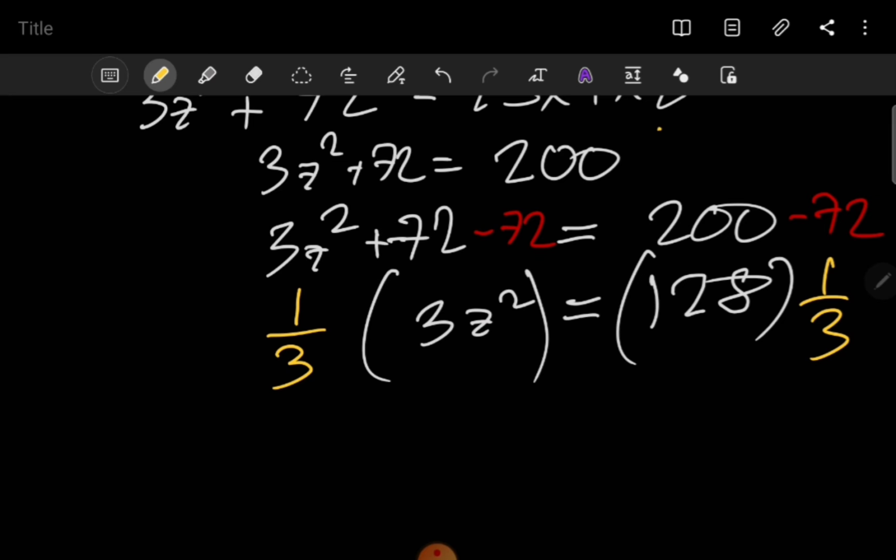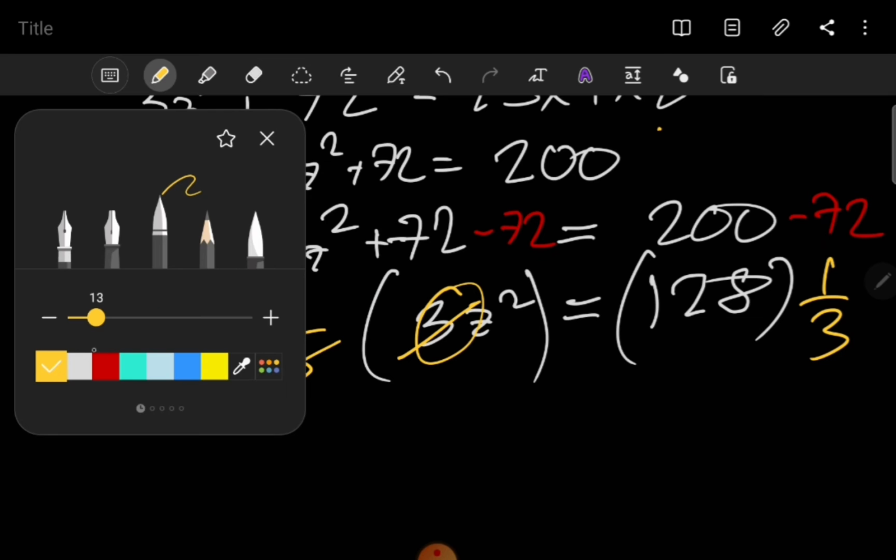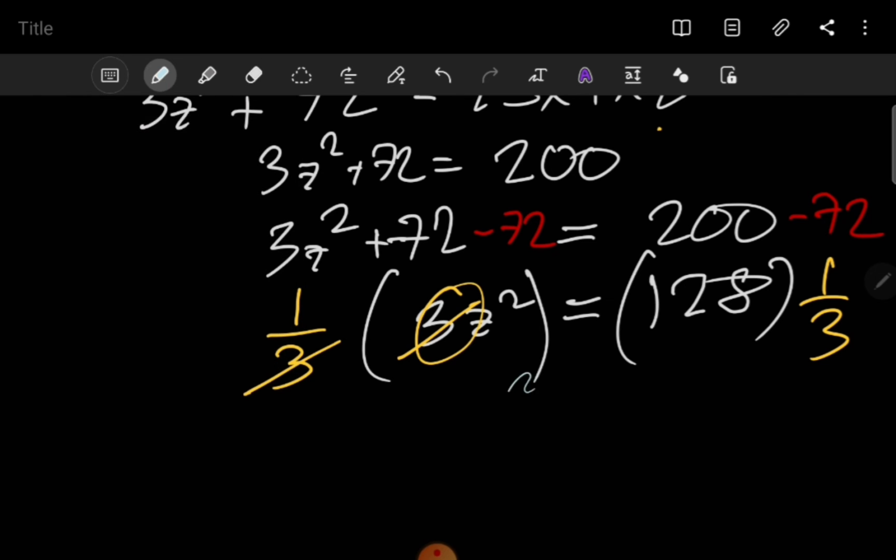Basically, we are just multiplying both sides by the inverse of 3, and that is 1/3. So 1/3 times 3z squared is equal to z squared, and 128 is just 128 over 3.